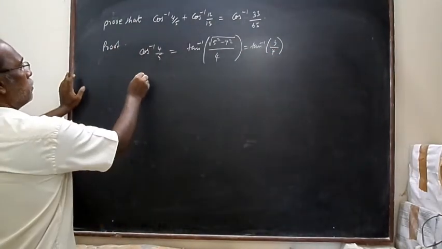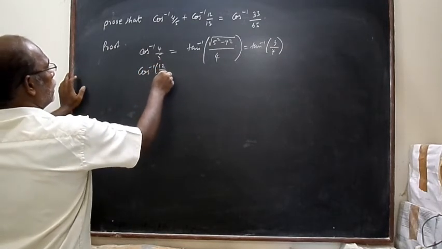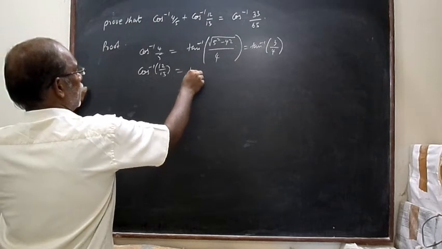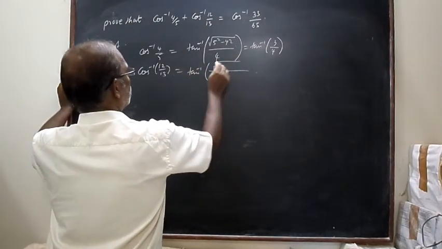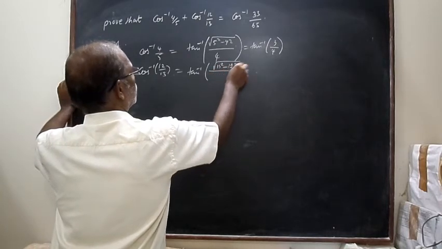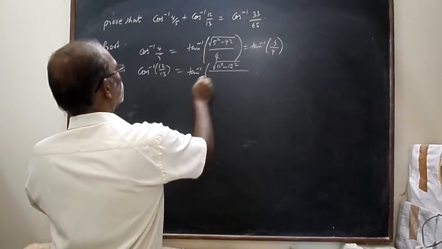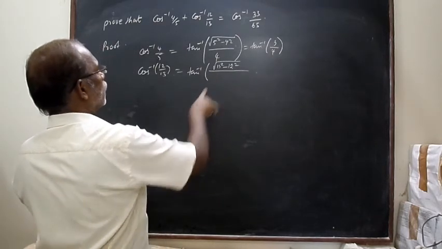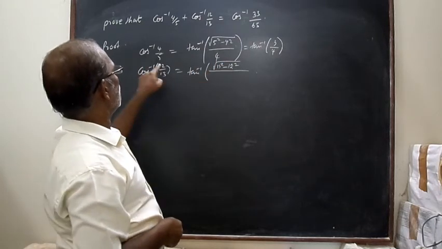The second term, cos inverse of 12 by 13: tan inverse of the opposite side, root of 13 square minus 12 square, and the adjacent side is 12.